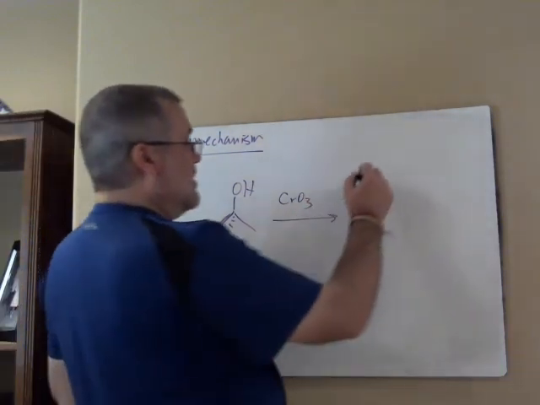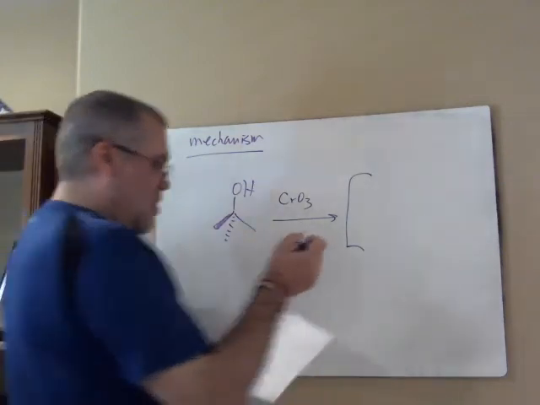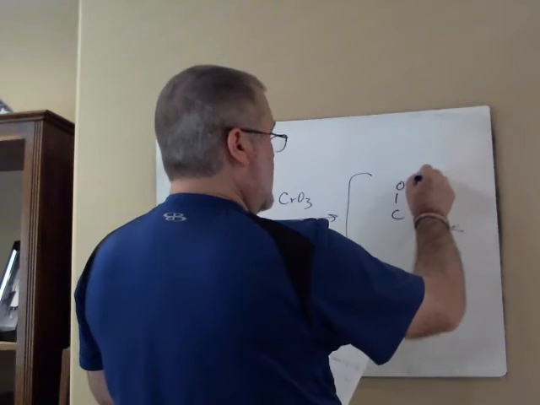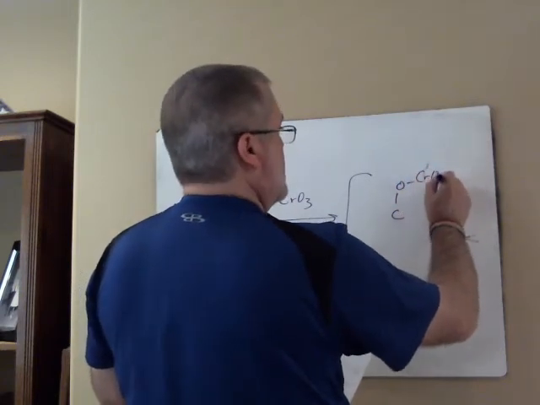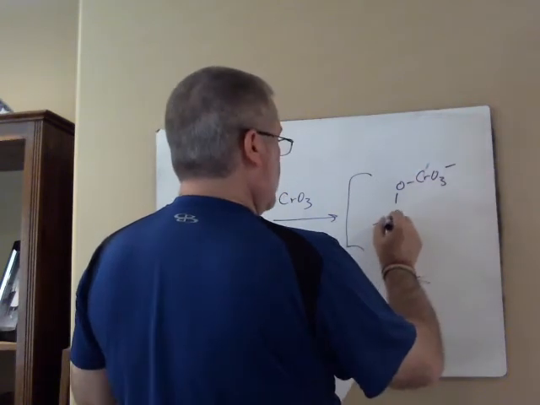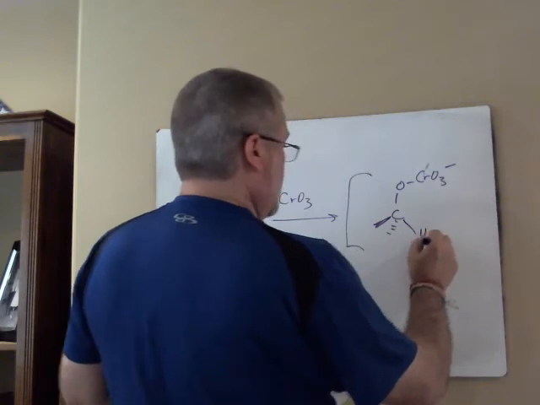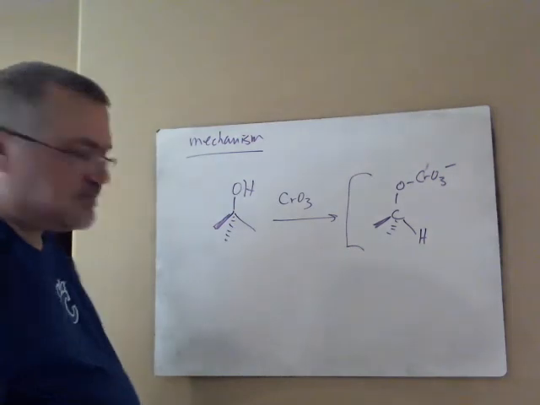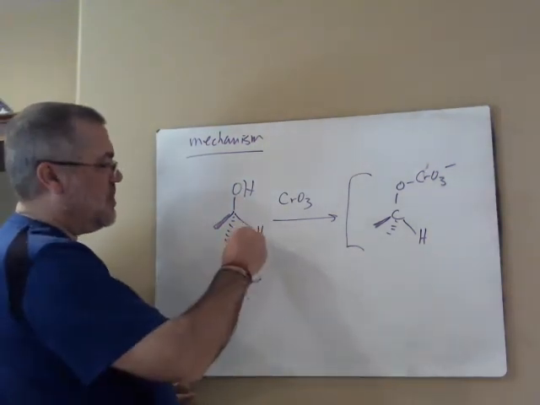Because what basically occurs first is when you react the OH with one of these chromium reagents, you form this intermediate. Okay? And notice here I put an H. And I didn't over here. But I'm going to do it now.